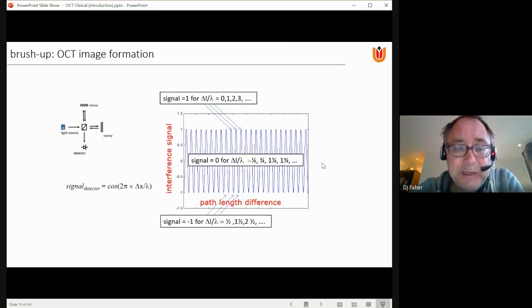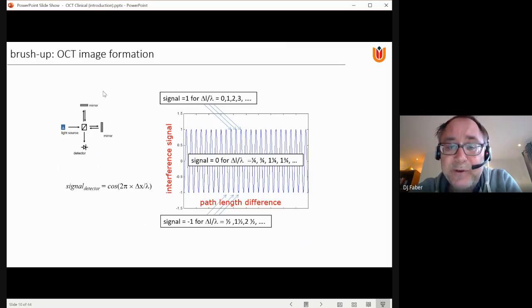So let's say this laser emits only one wavelength, and I would have one mirror moving back, then I could measure that interference signal as a function of the path length difference between the two arms of that interferometer. And I would measure the following. On the horizontal axis the path length differences, and on the vertical axis the interference signal.